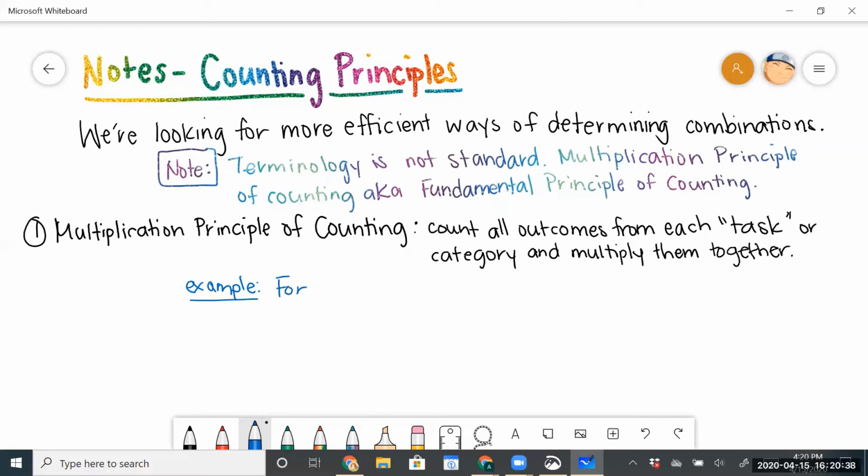For my outfit, I have an option of 3 shirts. This is not a true story. I have more than 3 shirts. But for the sake of the story, I've got 3 shirts. I've got 2 pairs of pants that I can choose from. And I really like shoes. So let's say I've got 7 shoe choices.